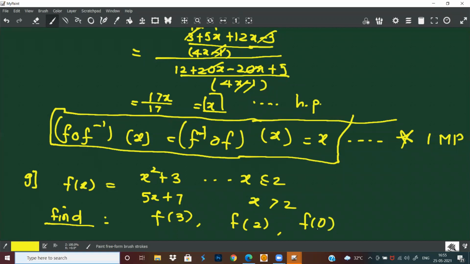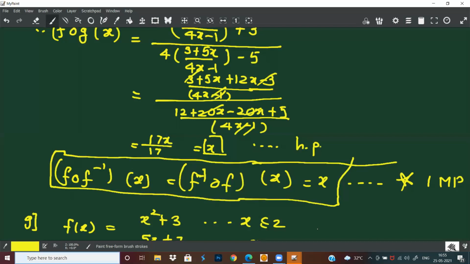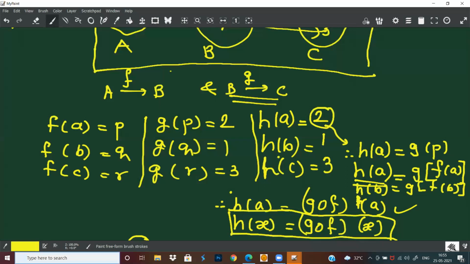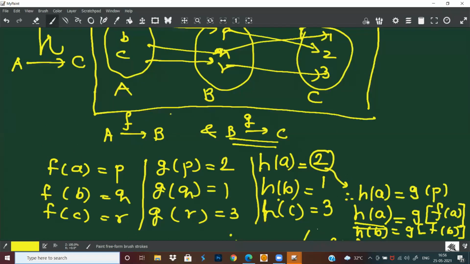Composite function is needed. That f g h what I do. This one. You want the next part? Okay, done. Thank you.